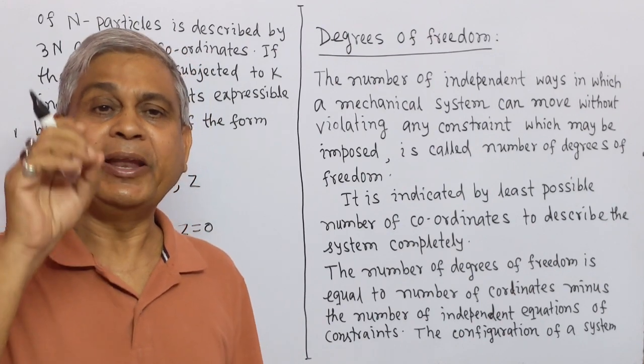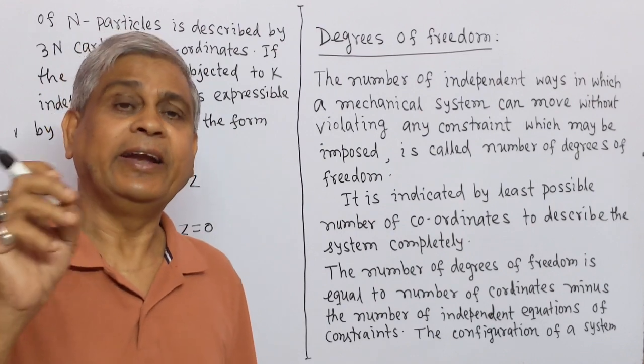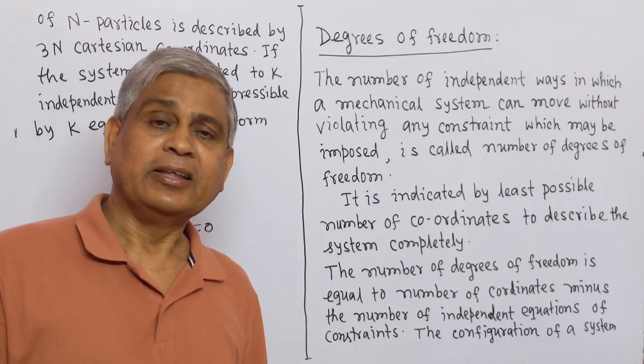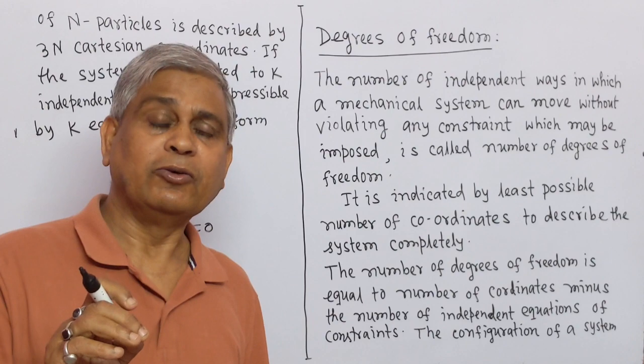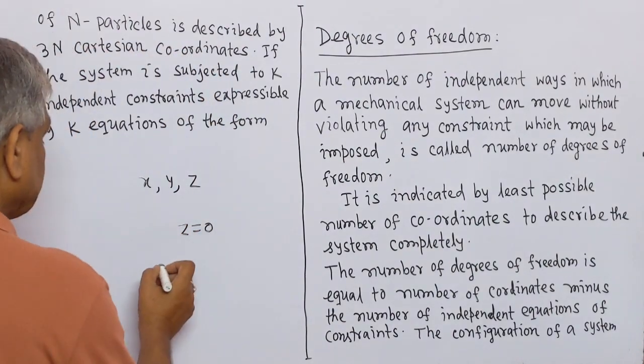So the remaining number of degrees of freedom will be 2, and in this case the motion of the particle will be described by 2 coordinates x and y.